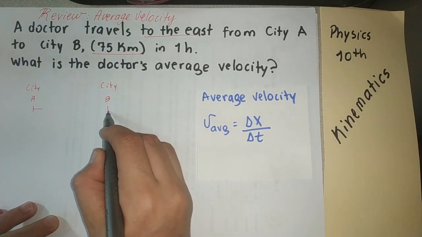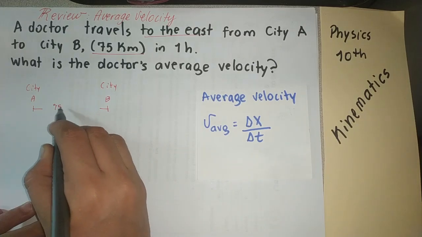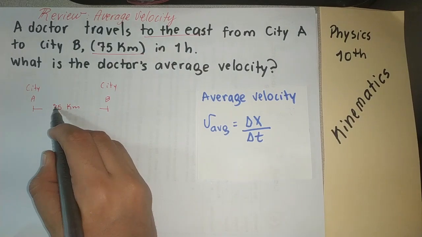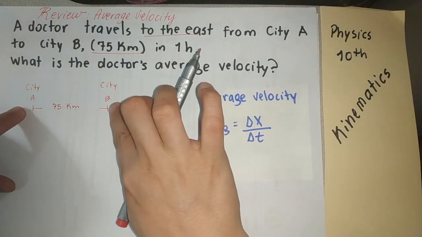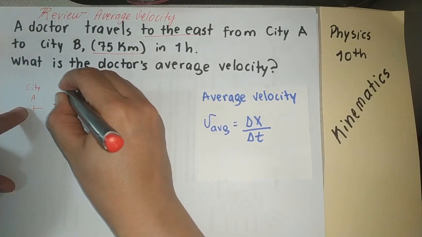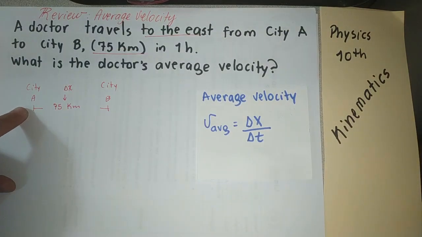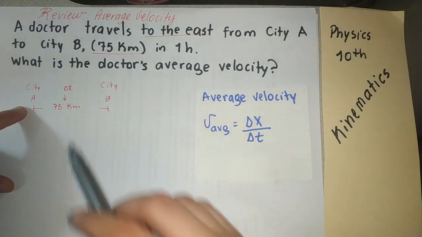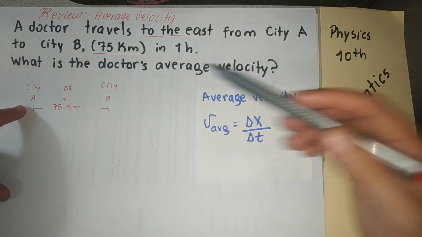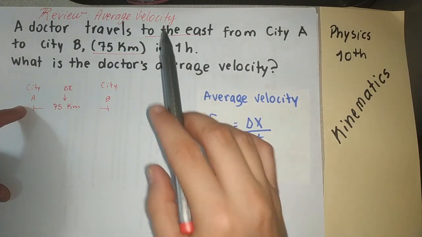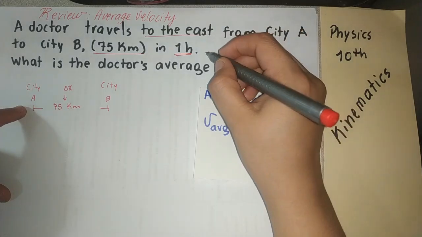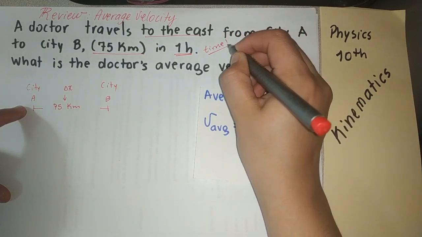Between the two cities, we have 75 kilometers. Between the two cities what we have is a displacement. This will be our delta x for this problem. Now, in how much time does the doctor do all the trip? He does it in 1 hour. So this is a given that we know as time, of course.